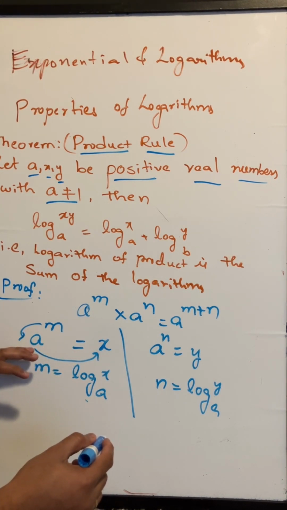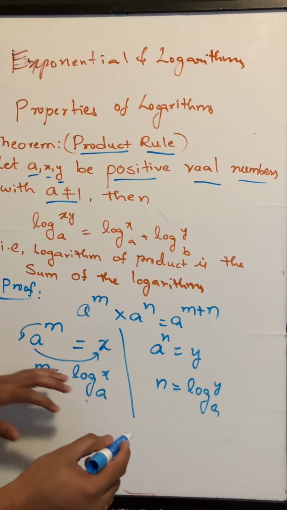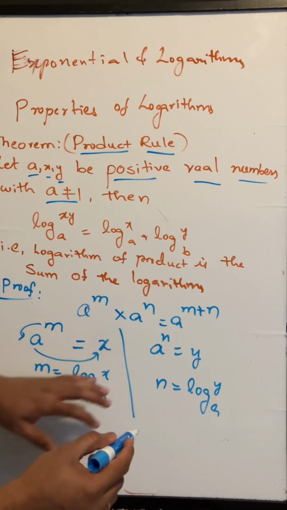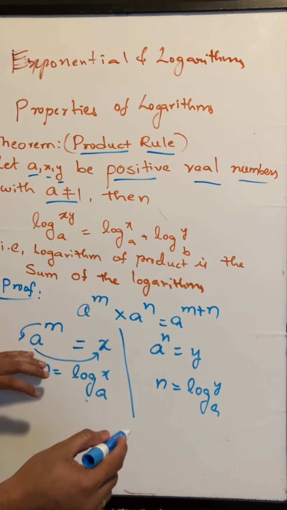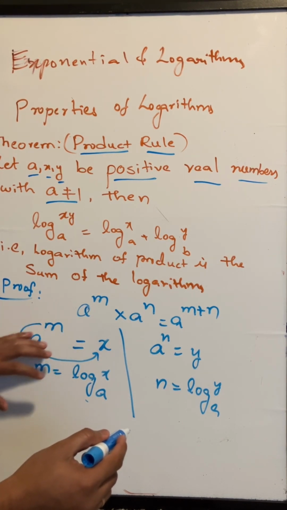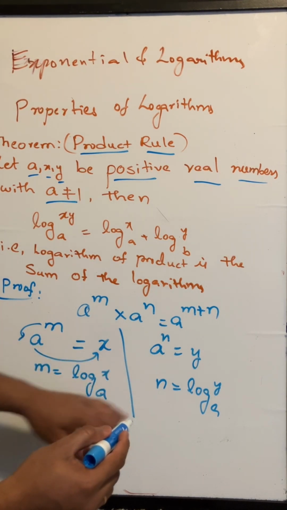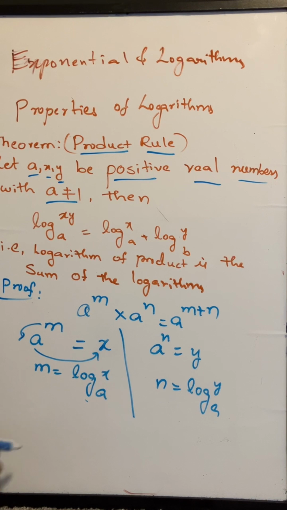When multiplication goes to the other side, it becomes division; addition on the left side goes to the other side and becomes negative. It's the same thing for the exponential: it becomes log x base a, and similarly here. So we write these things.